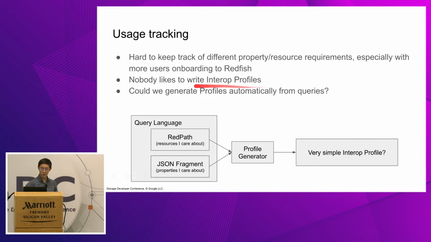So what we have proposed is you have your query language that says, here are all the resources I care about, here's all the properties I care about. Can we feed that into some tool that generates a very simple interop profile? And our assumption is having any interop profile is better than having no interop profile. Even if it's very basic and very primitive and perhaps very permissive, it's better to have something rather than no interop profile.